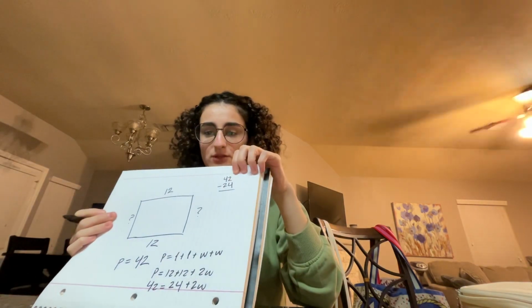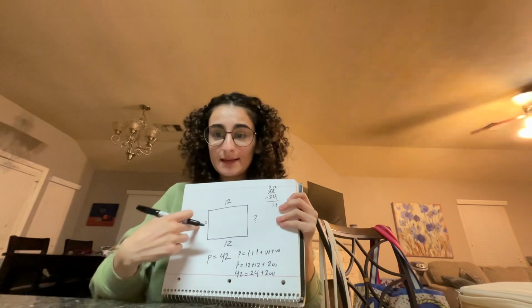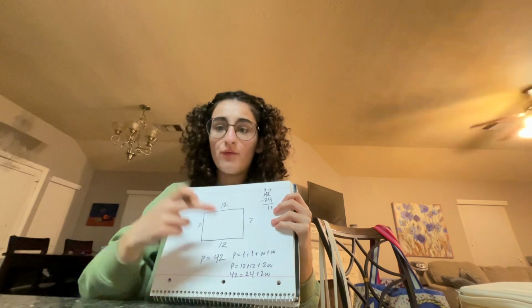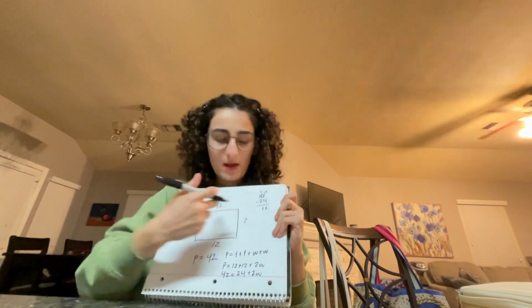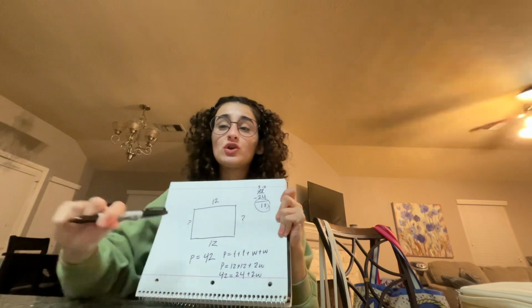We're going to subtract, right? So what's 42 minus 24? Everybody do that independently. Everybody get 18, right? So 18 is what's left over. So we have 18 to split between these two sides.